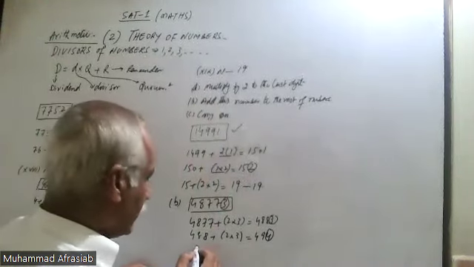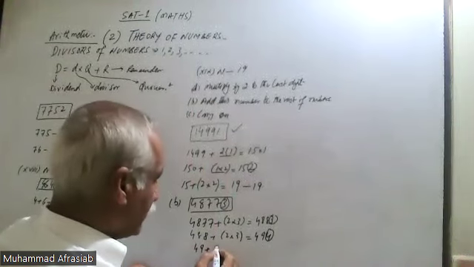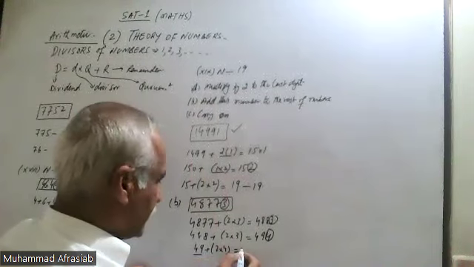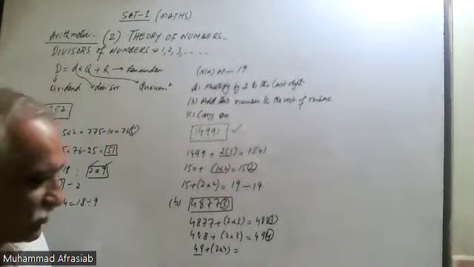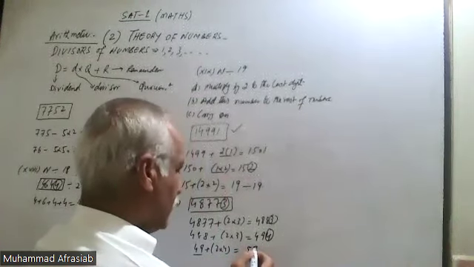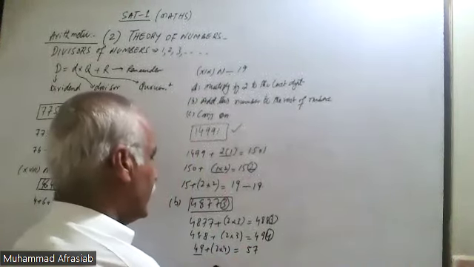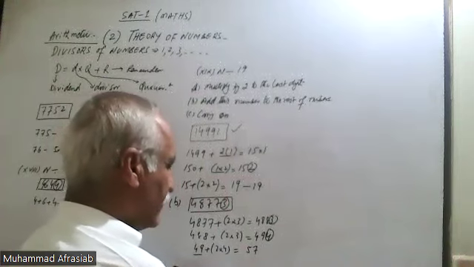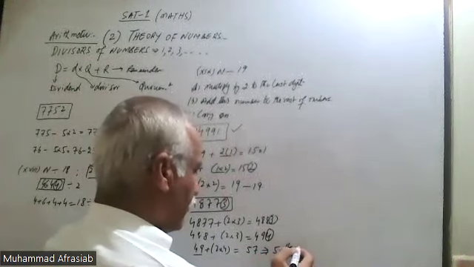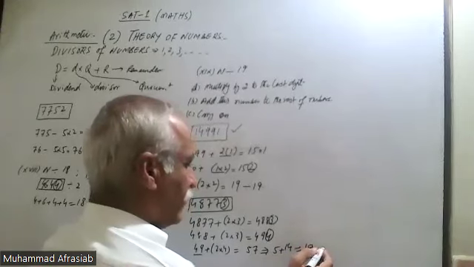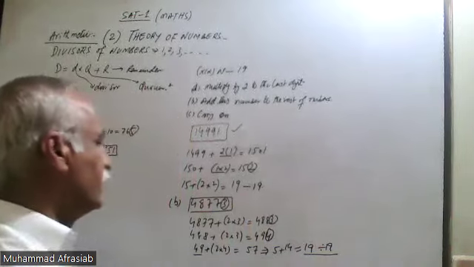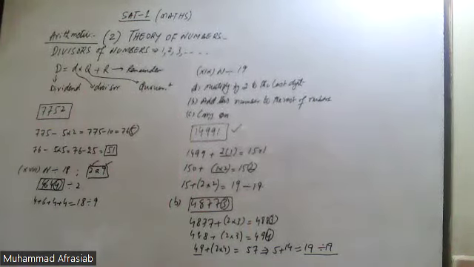So 49 plus 2 into 4, that is equal to 49 plus 8, which is 57. 57 is also divisible by 19, or you can even proceed further: it should be equal to 5 plus 14, that is equal to 19, which is divisible by 19. So this number is also divisible by 19 there.